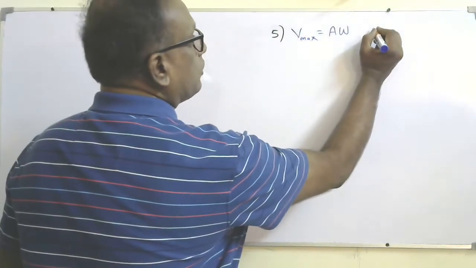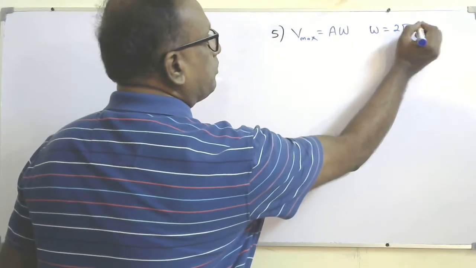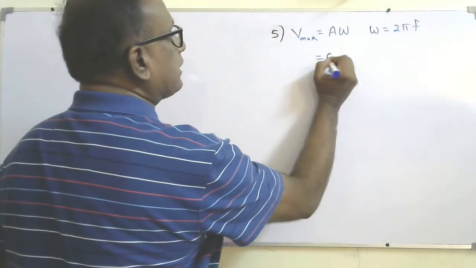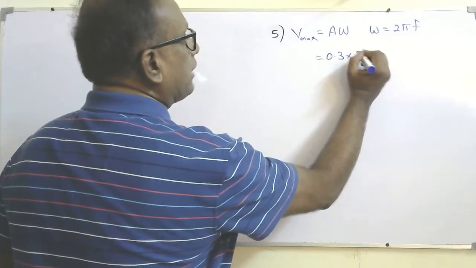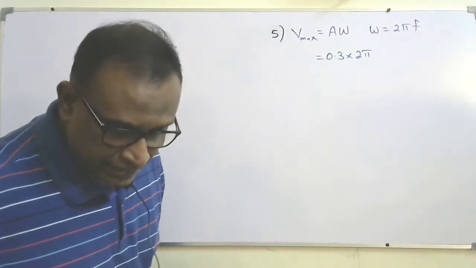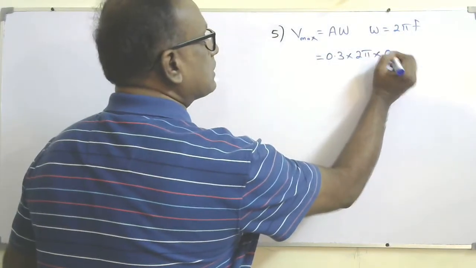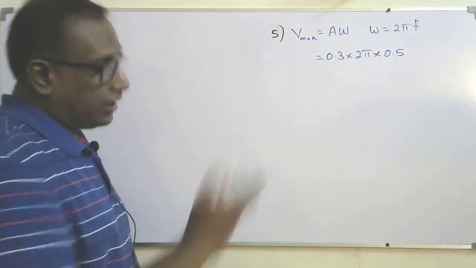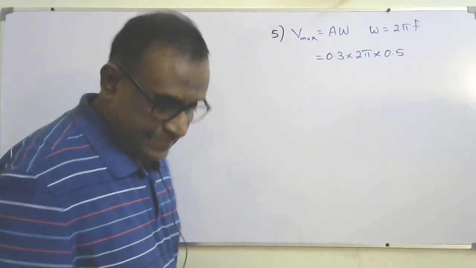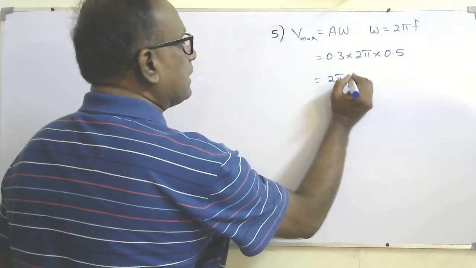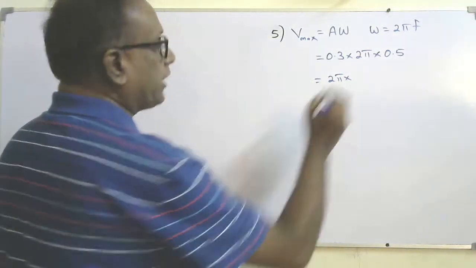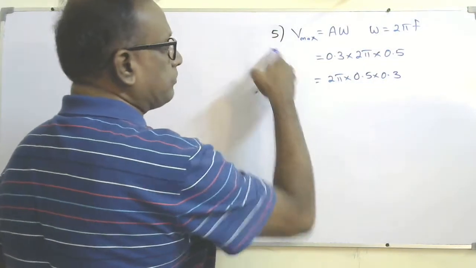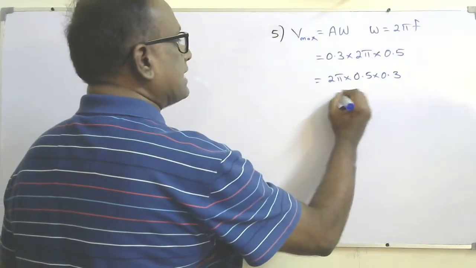Also we know that omega is equal to 2 pi times frequency. Here the amplitude is given as 0.3, and omega is 2 pi times the frequency, which is 0.5 hertz. The answers are given in different formats. The answer C is given as 2 pi times 0.5 into 0.3. So for question number 5, the correct answer is C.